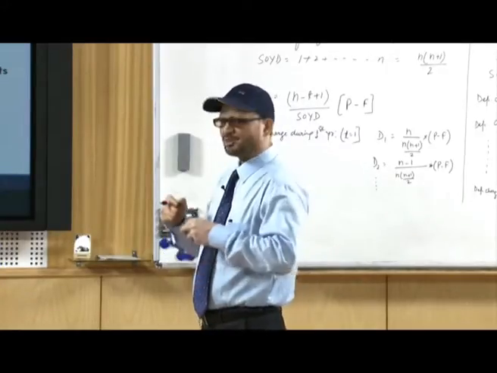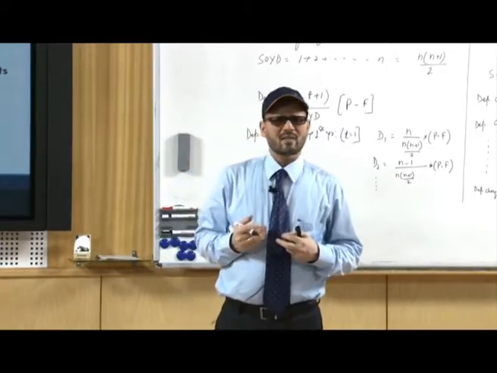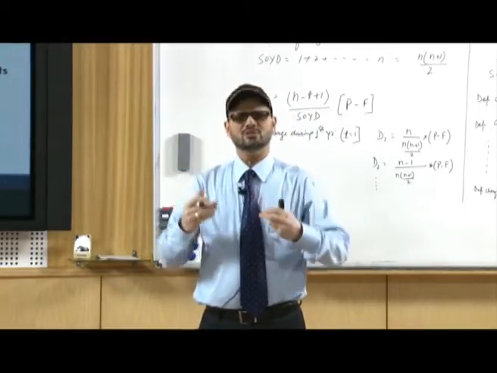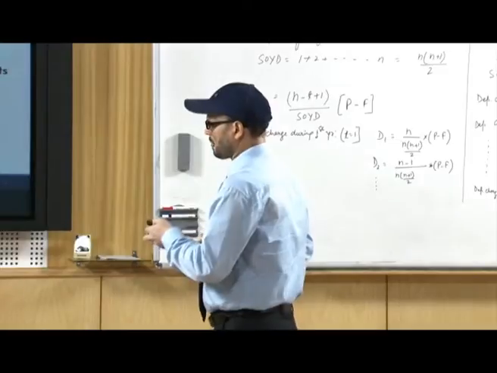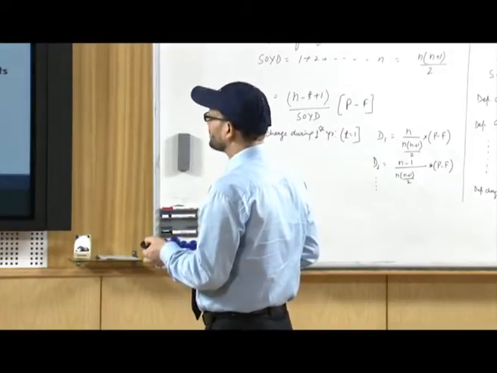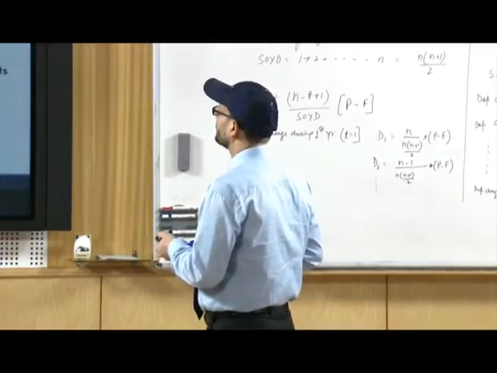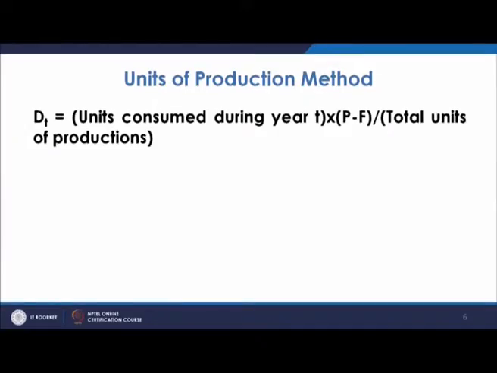So, the depreciation calculated during any year will be based on how much it produces. In that case the depreciation charge during any year t will be units consumed during year t multiplied by P minus F divided by total units of production.